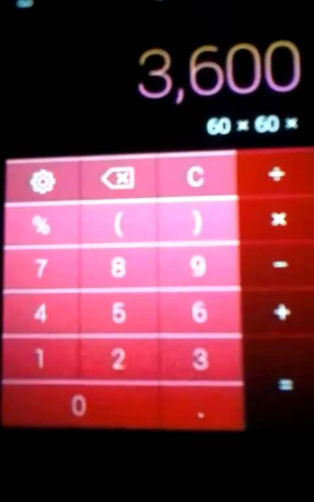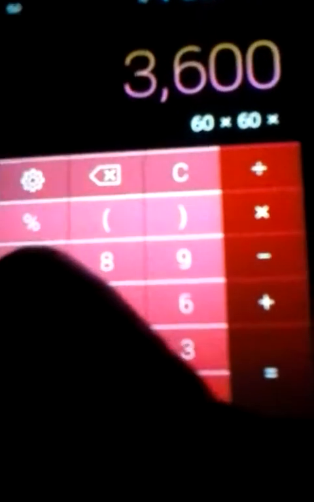Now, let me show you something with the seconds in connection to 144,000. Taking 1 hour, multiplying it by 4 hours.